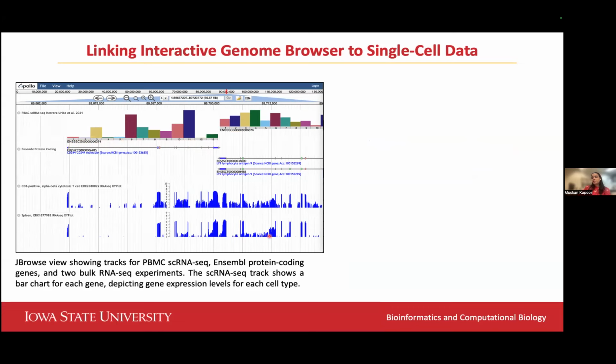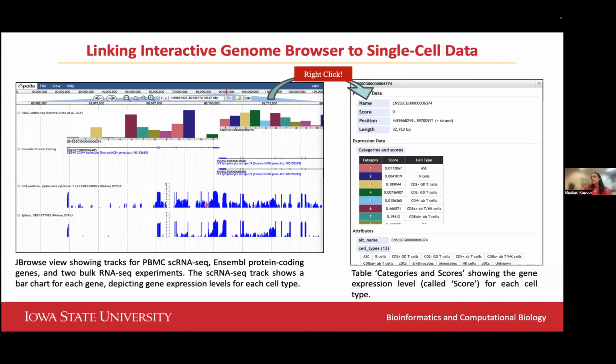And these are the bulk samples for this particular data set. And when you right-click on the PBMC single cell RNA-seq track, you can see the category score in the cell type column, which shows the gene expression level, which is called score for each cell type. You can also see the name, length, and position of that particular gene.